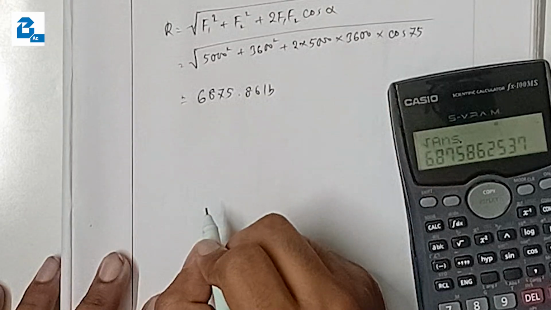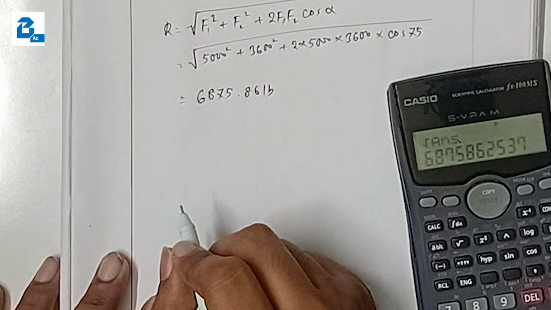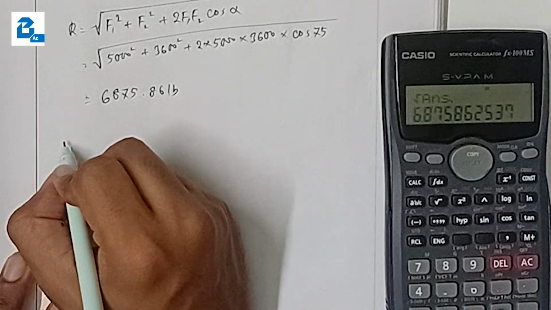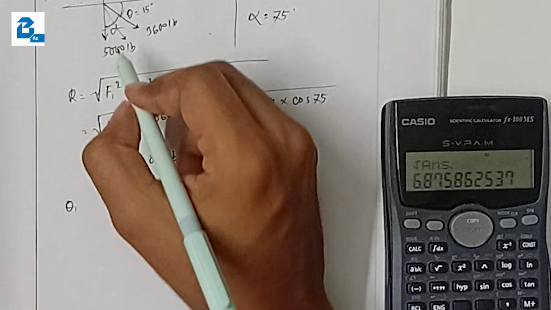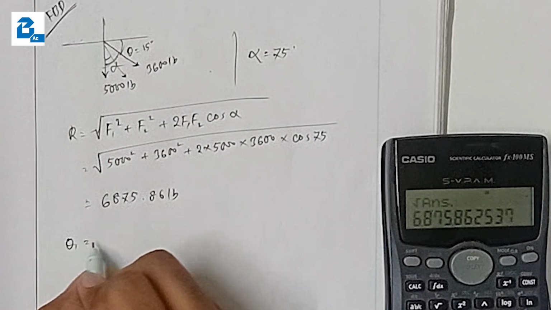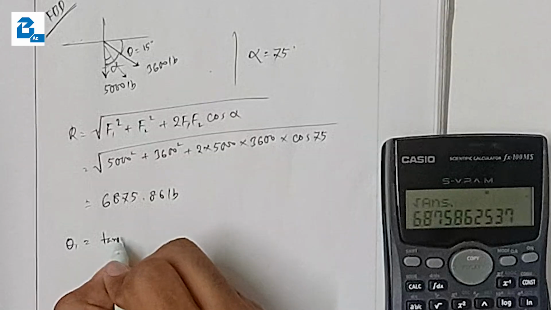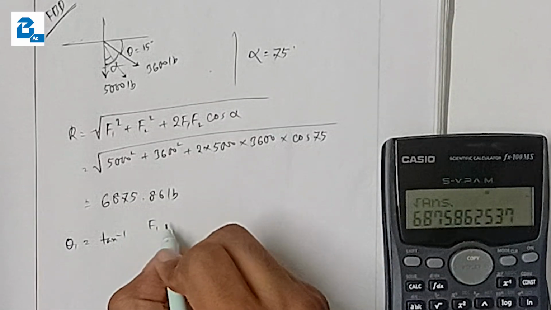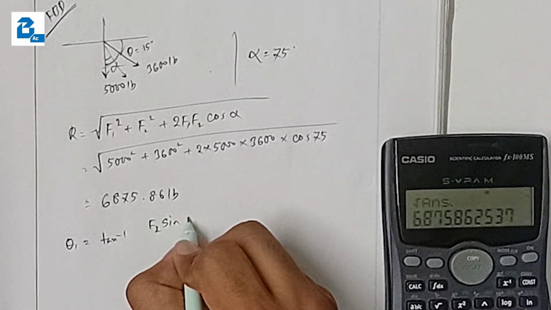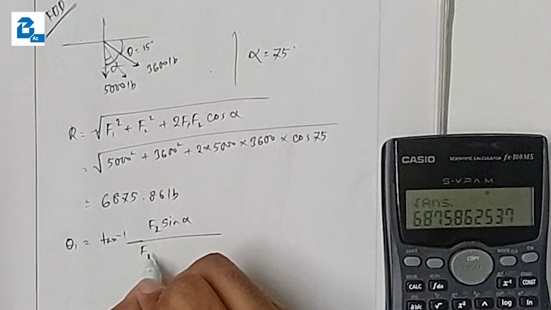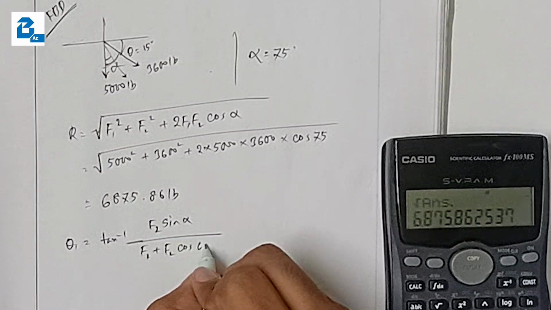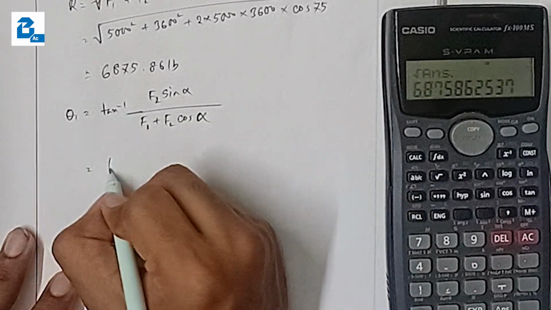This would be the value of the resultant, or the magnitude of the resultant. And then let's find out the theta 1, or the angle from the vertical axis to the resultant. So theta 1 equals tan inverse F2 sine alpha divided by F1 plus F2 cos alpha, and let's put the values here.